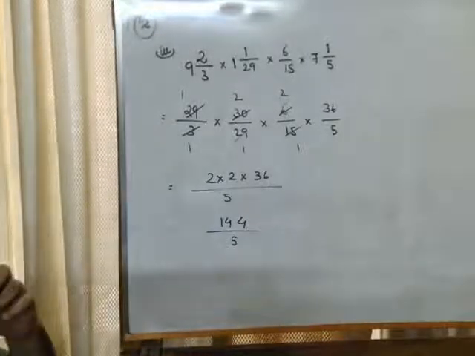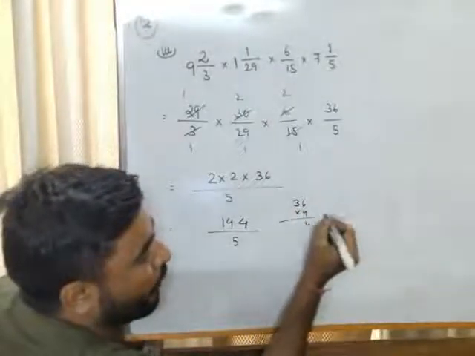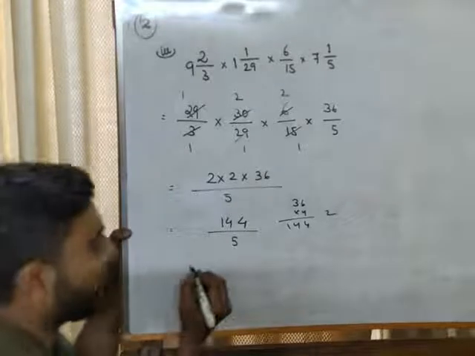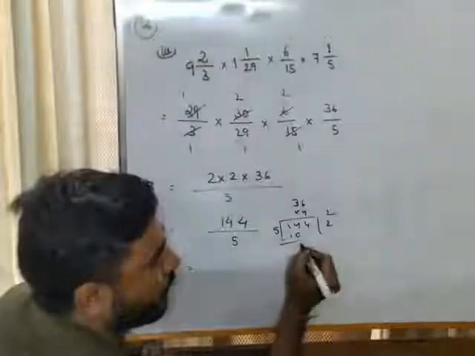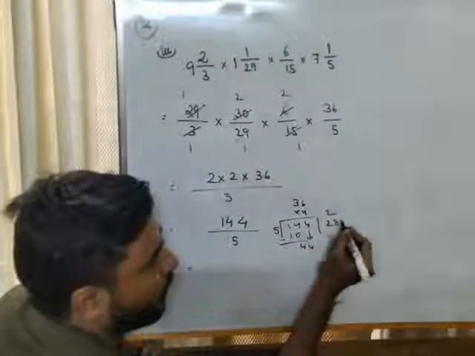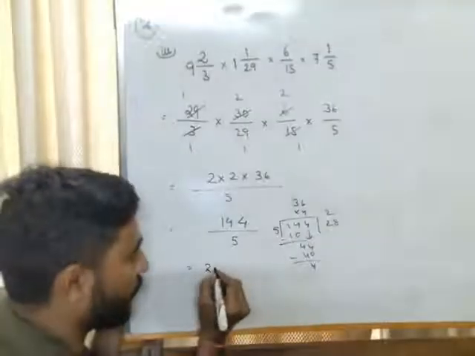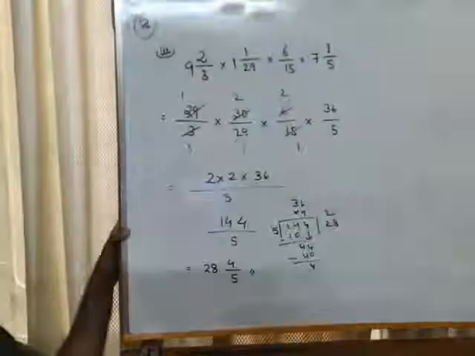How did I do? 2 into 2 is 4, 36 into 4 is 144. After making it into a mixed fraction, 5 2 times 10 remains 4, 5 8 times 40 remains 4, so it will be 28 4 by 5.